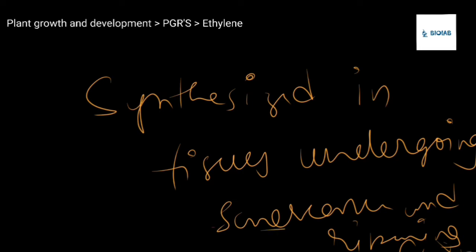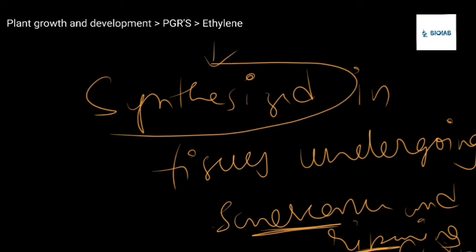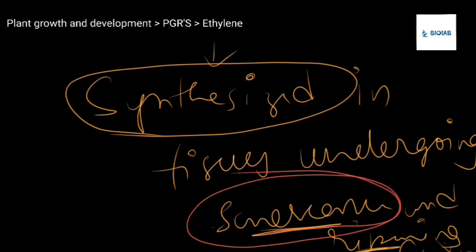So these are the places where ethylene is largely synthesized. It is largely synthesized at the places of plant tissue where senescence is happening and ripening of fruits is happening. Okay, these are some introductory points about ethylene.